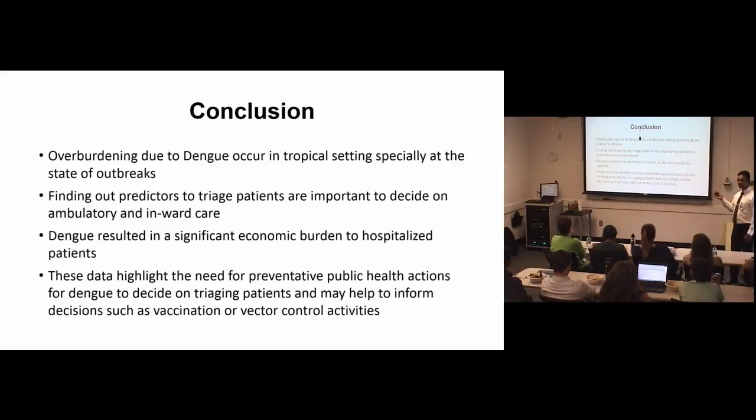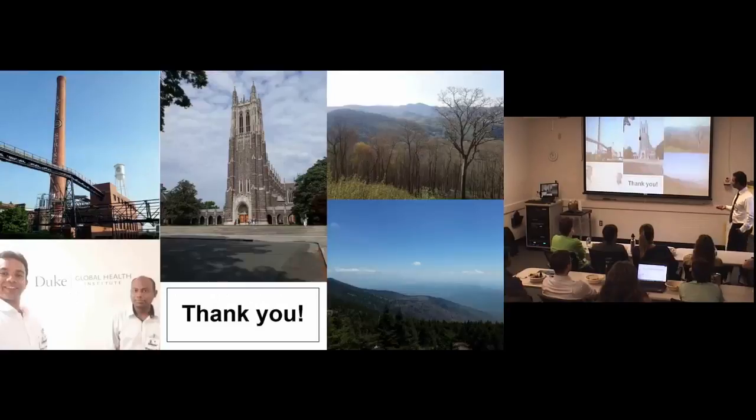And this data will all be useful one fine day for the public health authorities, if they are caring about this. So to triage patients, to decide on a triage criteria, which patient should be admitted, which patient needs ambulatory care, and also to help to inform about the vaccination and vector control activities. So these data can be all useful for that.